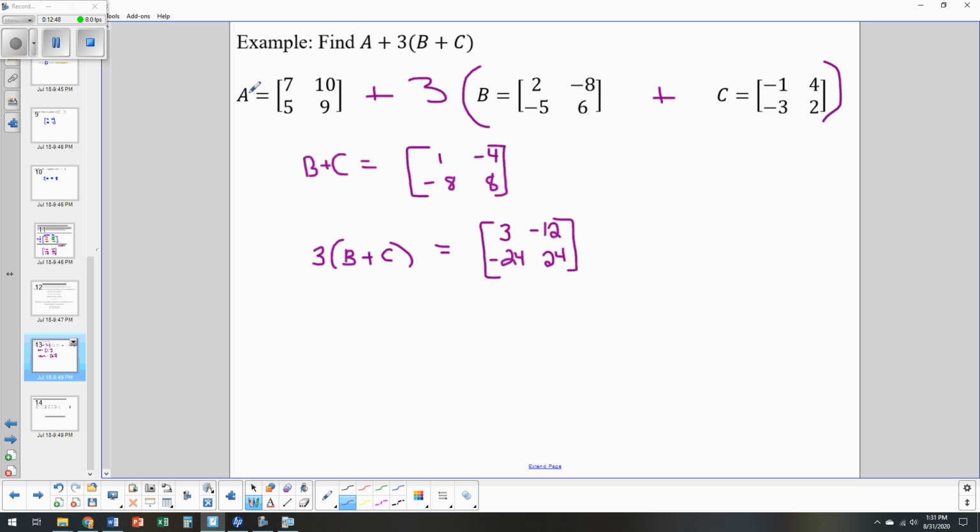And finally, it's A plus that. So now A plus 3 times B plus C. Normally, I would be writing out the full matrix each time, guys. So don't take my shortcut here as what you should do normally.